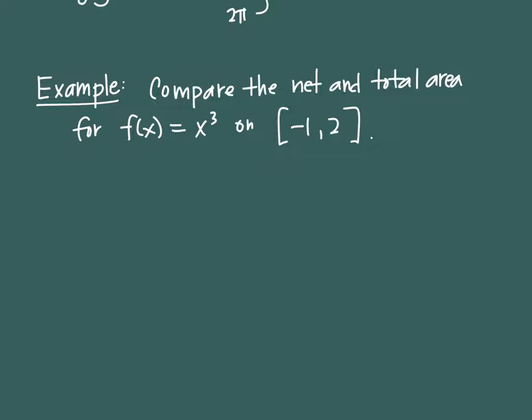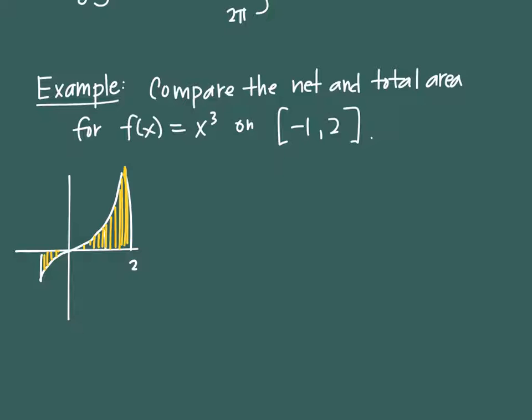All right, so let's get a visual going of what this cubic looks like. So we know that cubics look like that. Going from a value of -1 to +1 would be symmetric, but then going out to 2 makes it non-symmetric. All right, so that's the visual.